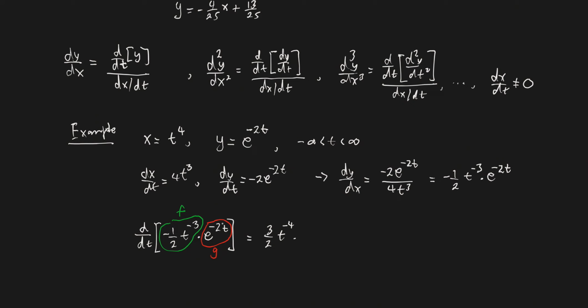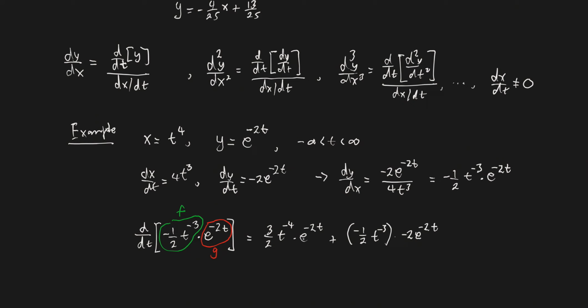And then the product rule says times the second, so I'm just going to multiply it by that exponential. And then add the first, which is negative 1/2 t to the negative 3, times the derivative of our second or g function, and that's negative 2e to the negative 2t.